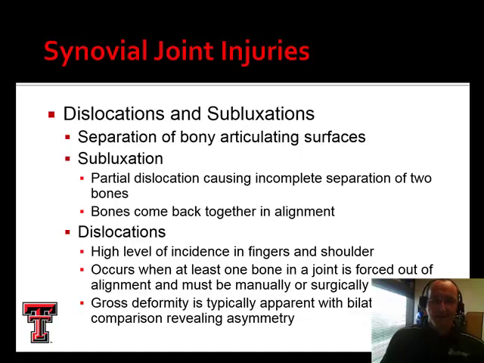Sometimes it's largely academic. Was it a spontaneously reduced dislocation? Was it a subluxation? Sometimes hard to tell. But either way, we're going to treat these very, very similarly, where especially for a first-time dislocation or subluxation, we're going to treat it almost as if it's a fracture and make sure that there aren't other complications associated with that.